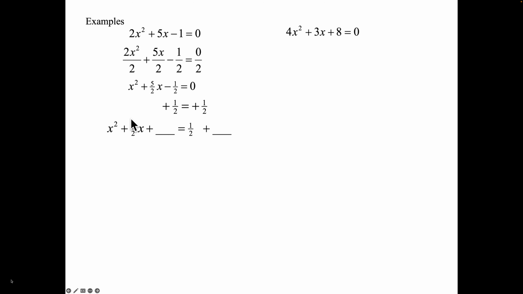Okay, oh, wait a minute. We got to take half of 5 halves. That's just multiplying the denominator by 2. That gives me a positive 5/4. I square it to get 25 over 16. All right, well, we got to make 2 into, wait a minute.